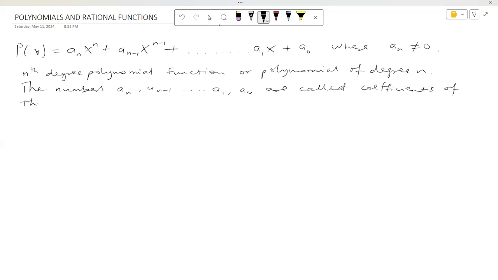All right, so basically coefficients are the numbers in front of the variables. So we are saying that n is a non-negative integer. In other words, the exponent cannot be a negative number.